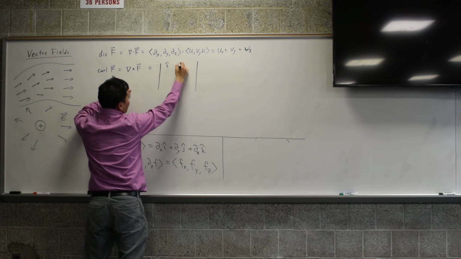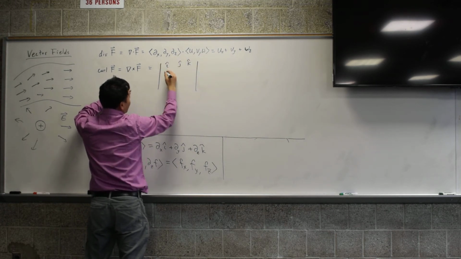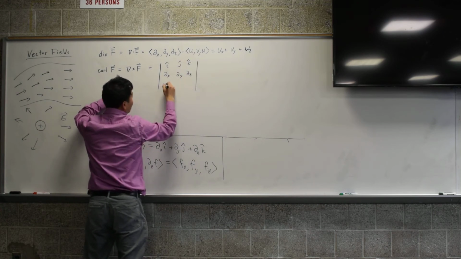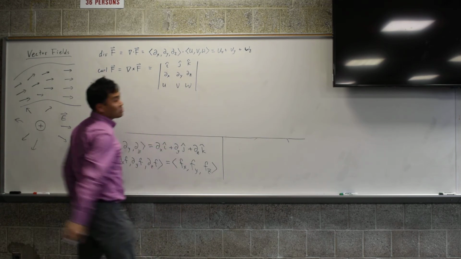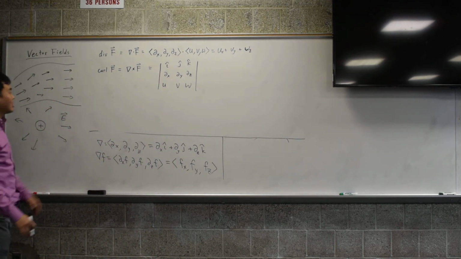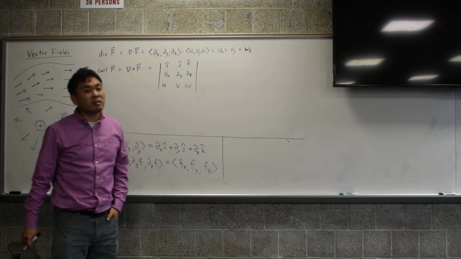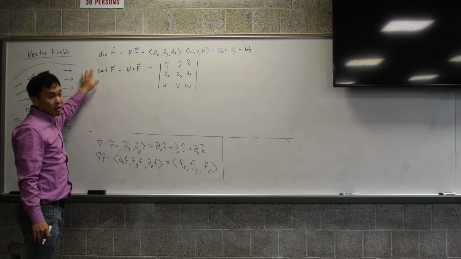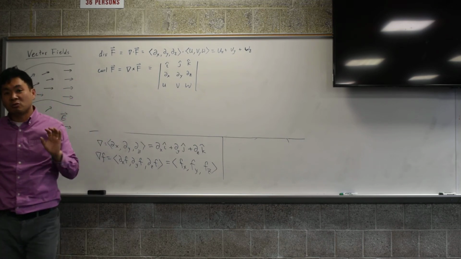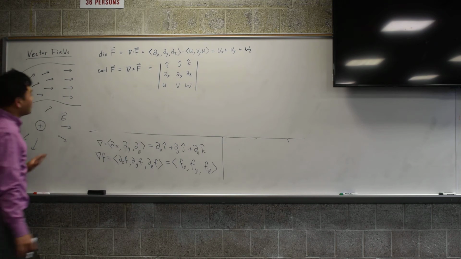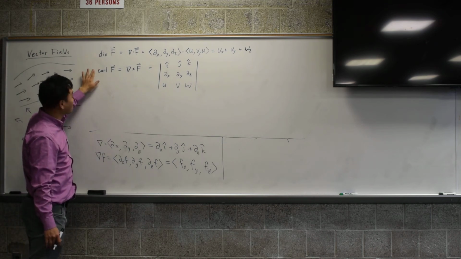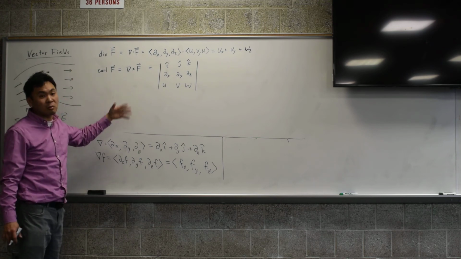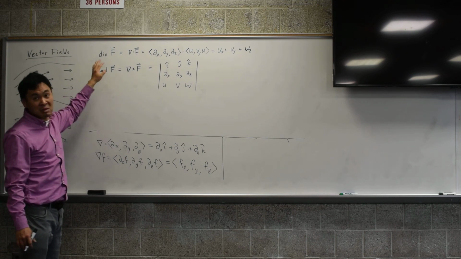You simply write i, j, k, then the elements of the vector nabla, then the elements of the vector u, v, w, and you just compute it, and that gives you the curl. There are physical meanings of what divergence of f and curl of f are, but that can only be explained after we do something called line integrals. So at this point, I'm just going to give you some examples of computing divergence and curl, and much later, I'll give you some meaning behind these things.